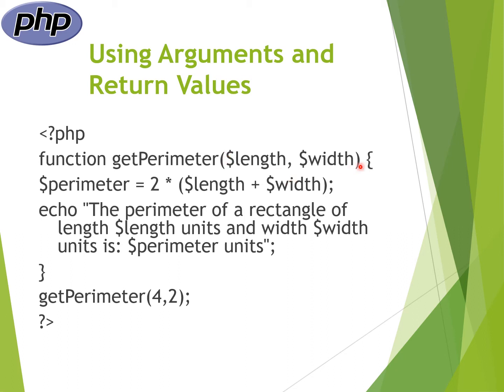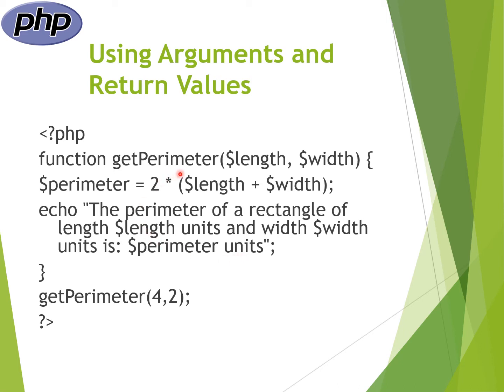Then a block contains the processing code: $perimeter = 2 * ($length + $width). This is a mathematical expression. Then echo "The perimeter of a rectangle of length $length units and width $width units is $perimeter units".